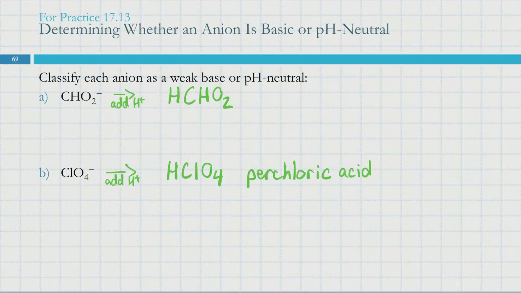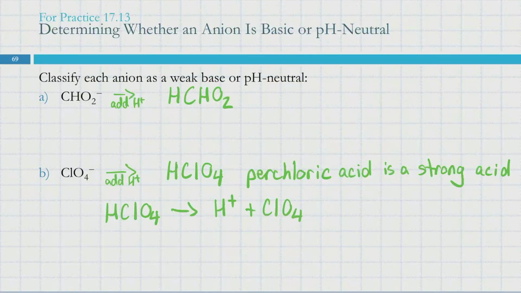There were 6 strong acids that you were supposed to memorize. This is one of them. So perchloric acid is a strong acid. So when it dissociates, it forms H+, ClO4-, and it only goes in one direction. So ClO4- is pH neutral.